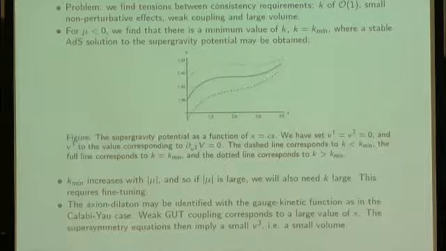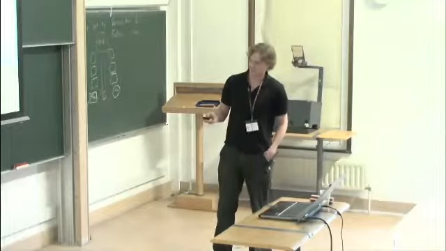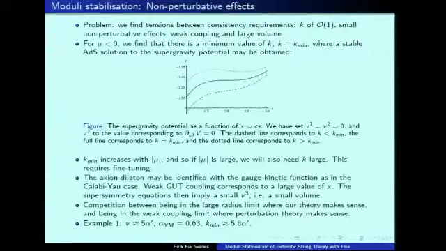From the supersymmetry equations, you see that if you want x large, you have a small v or small v3, and vice versa. However, it can be solved. As I said, you find this competition, but the larger the value of K, or equivalently the larger the value of mu, the better the solutions.